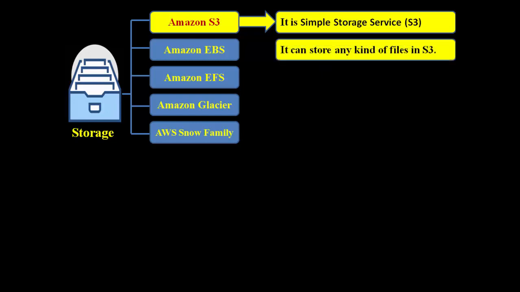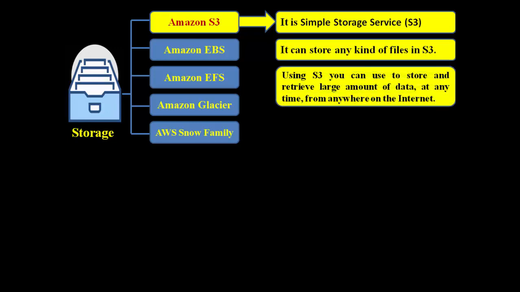It can store any kind of file in S3. Using S3 you can store and retrieve a large amount of data at any time from anywhere on the internet. Once we store data inside S3, it is permanently stored in the cloud, and whenever it is required we can access it from anywhere, anytime by using the internet.